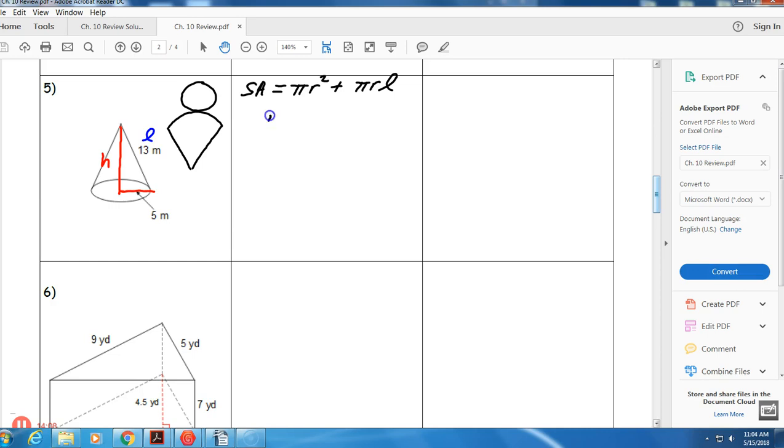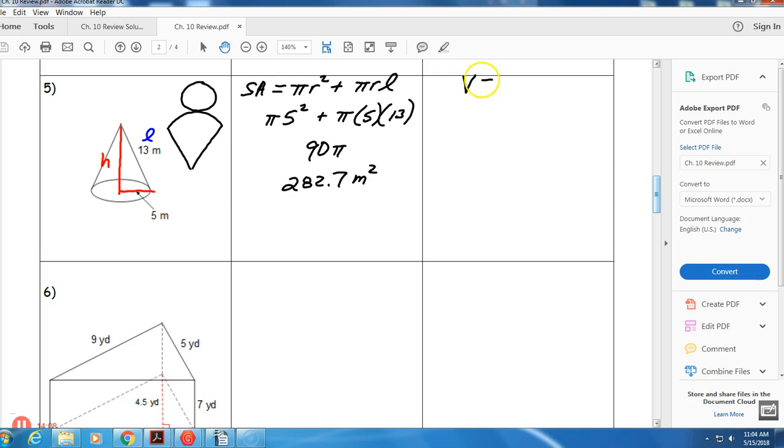So let's crank this out. I have pi radius squared plus pi radius slant height, and put all that together, you get 90 pi, and that shakes out to be 282.7 square meters. So that would be the surface area.